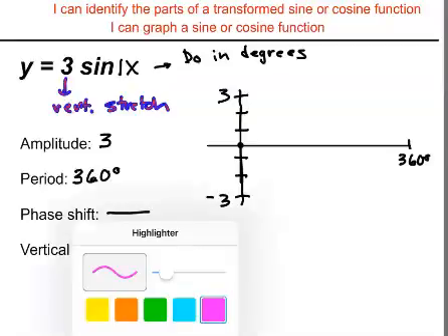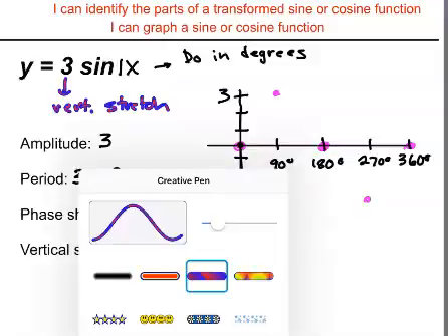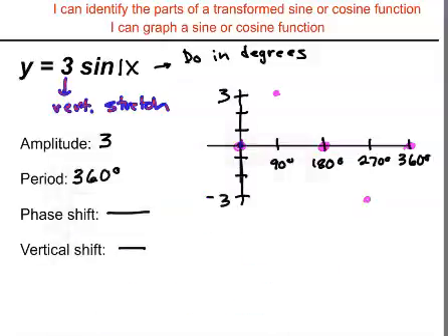Remember, with a sine graph, it starts in the middle and ends in the middle, and it tops out halfway in between. So I'm going to go up to 3, down to 3, and that is my graph.